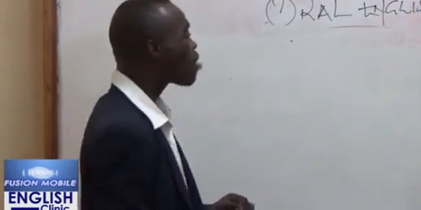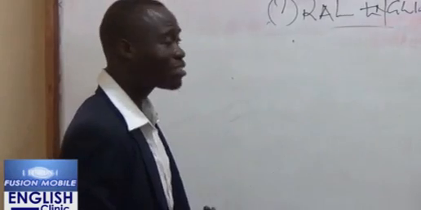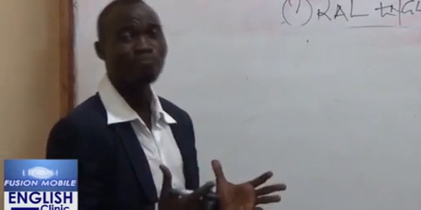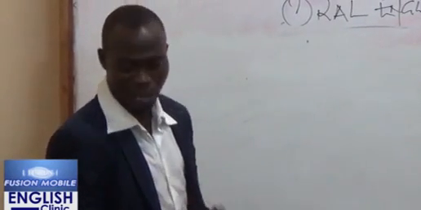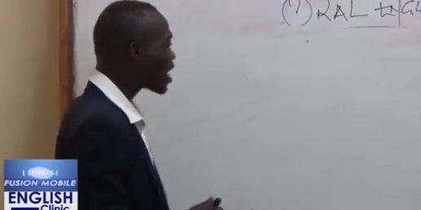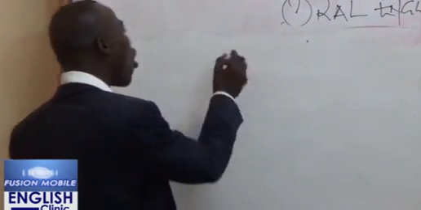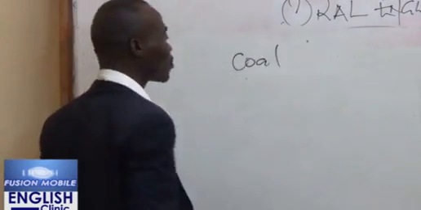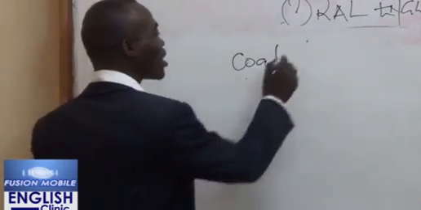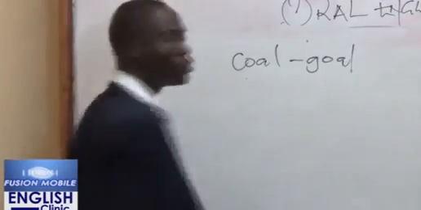But when we talk about rhymes, we are talking about words that have the same pronunciation. If you look at a word like coal, coal has the same pronunciation as what? As gold.